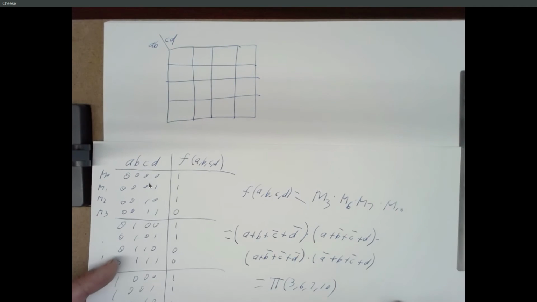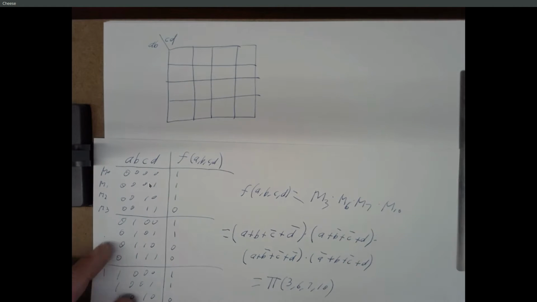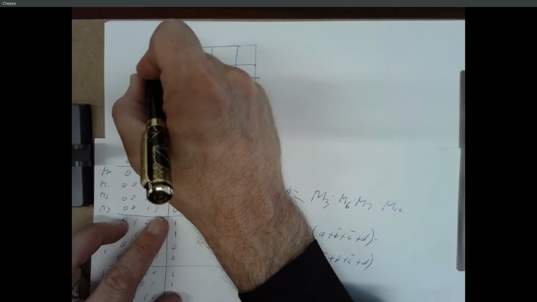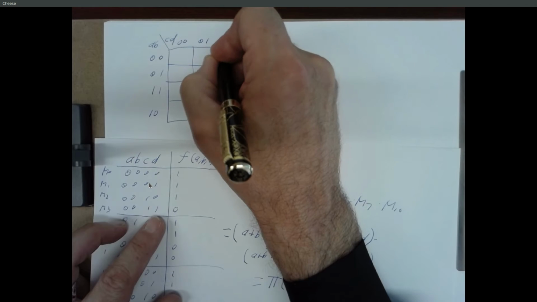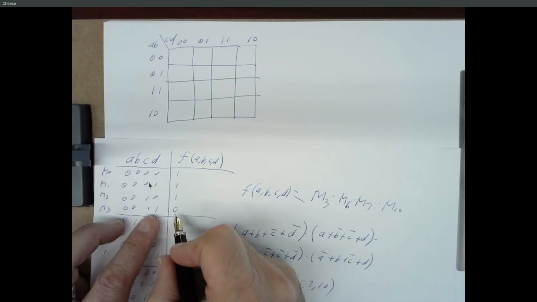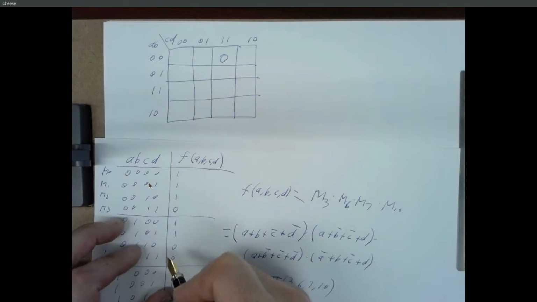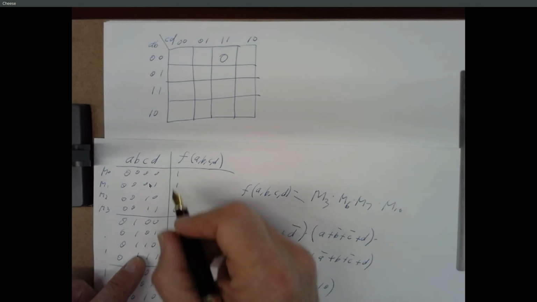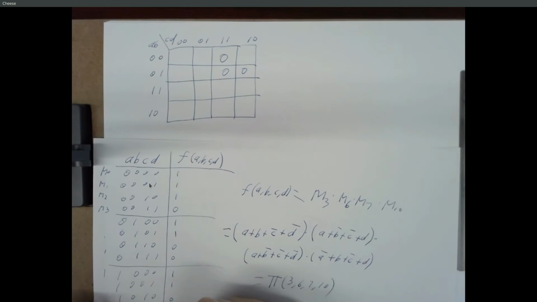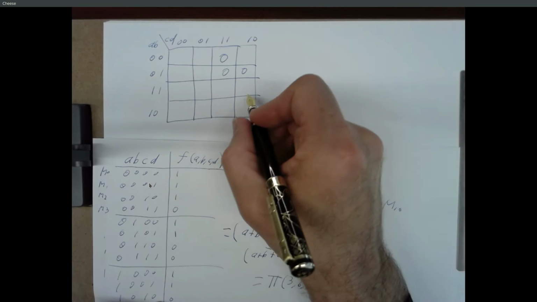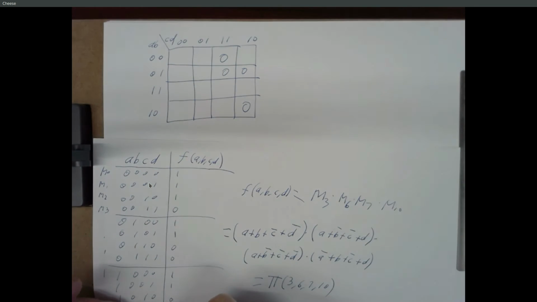All right, so K-map for a product of sums, we fill in the zeros. So 0, 0, let me put these in first. So we fill in the zeros, so 0, 0, 1, 1 is right here. 0, 1, 1, 0, and 1, 1. 1, 0, 1, 0 is right there. And I wanted that to work out nicer.